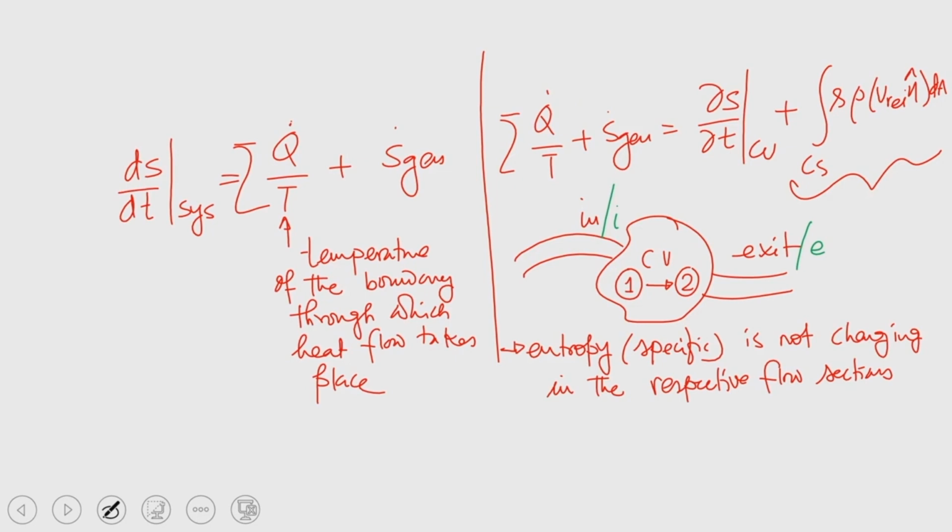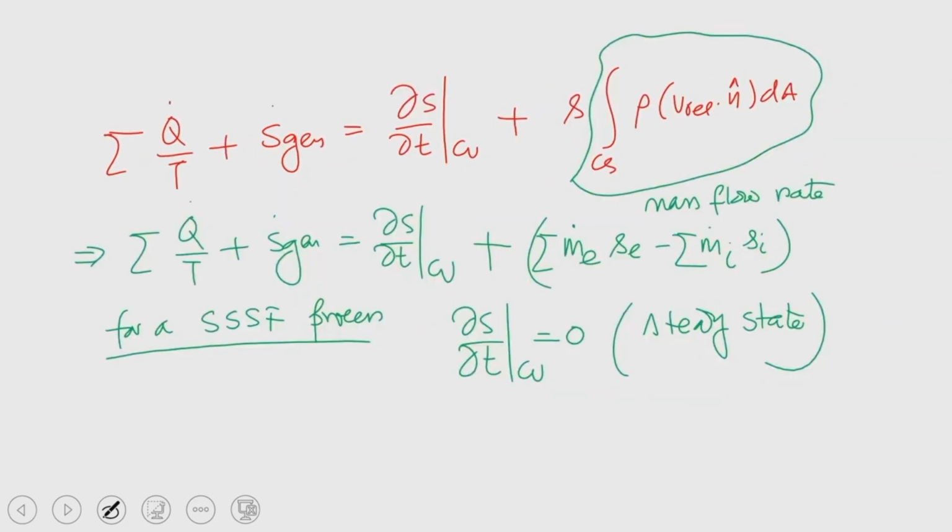For the steady state there is no difference between state 1 and state 2, so the change in entropy is zero. And steady flow. We have discussed the physical significance of these two coupled keywords, steady state steady flow.